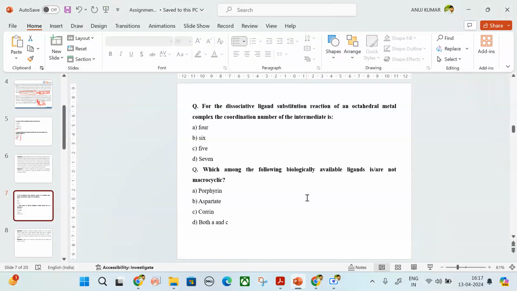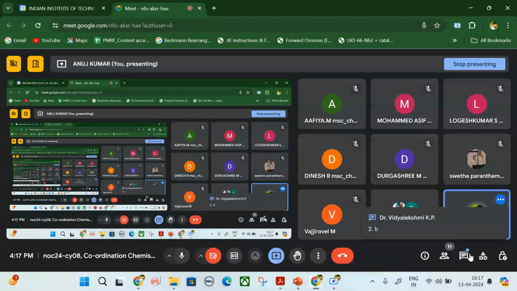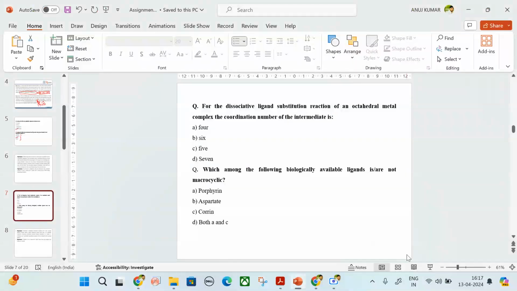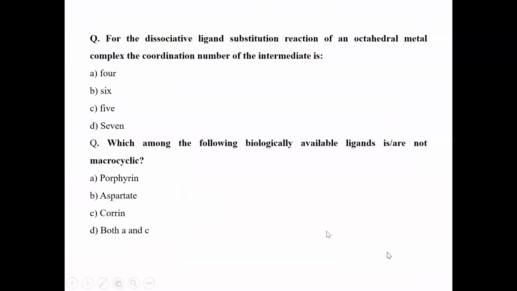Okay. And what about the second one? That is porphyrin, it contains 4 pyrrole rings. It is having a macromolecular ring, right? It's structured like this.